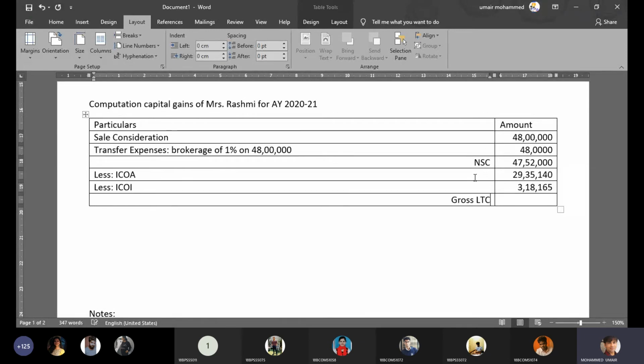Gross long-term capital gain. So deduct both the amounts from NSC, net sale consideration, which is 47,52,000, minus index cost of acquisition, which is 29,65,140, minus index cost of improvement, only the second improvement, 3,18,165.